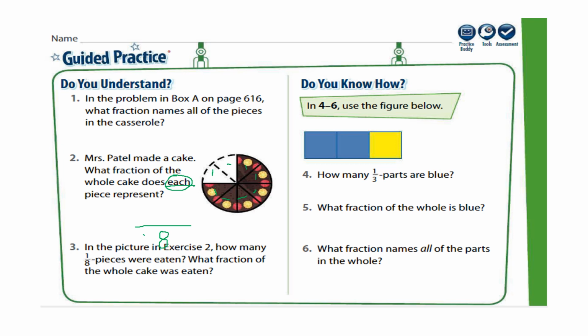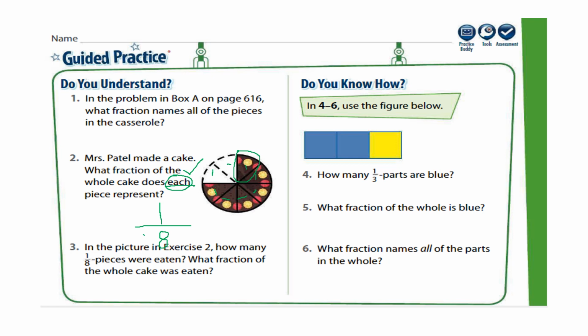So for each piece, what is the numerator? What is the unit? 1. Very good. So for each piece, we will write the numerator 1. It's going to be a unit fraction. Whenever you see the word each in any question related to fractions, you have to write a unit fraction where your numerator is going to be 1.